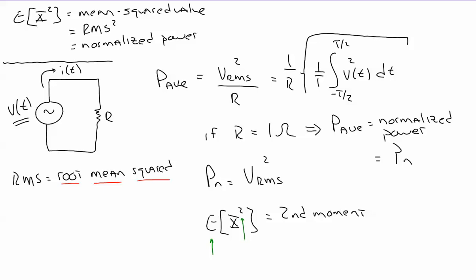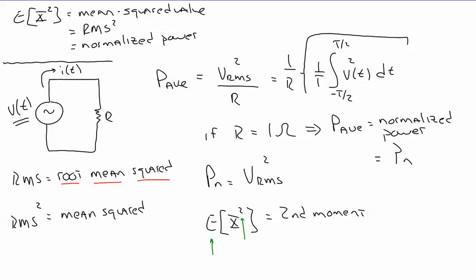Does that make sense? If I square the root mean squared, I just get the mean squared value. RMS squared equals mean squared. Likewise, the second moment is the mean of a random variable squared.